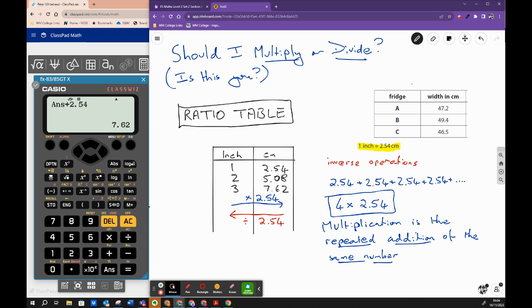Let's take this one, 47.2. What is this in inches? Well, my ratio table tells me that I'm going this way. I'm going from 47.2 centimeters to a value in inches, so I have to divide by 2.54.